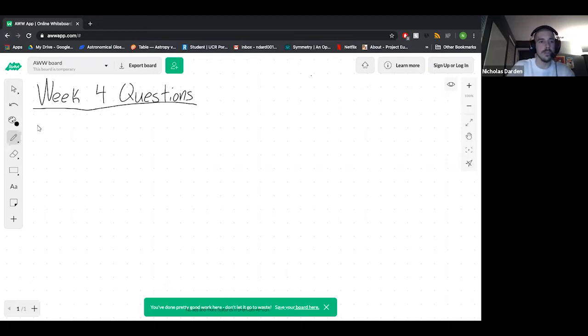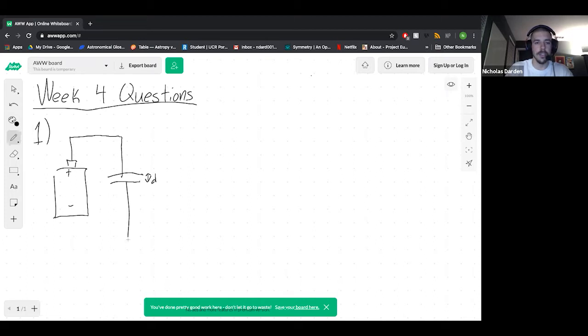So for number 1, what we have, let me pull it back up on this one, is a battery with some voltage hooked up to a capacitor with spacing D. And originally, this battery has some delta V, just some standard delta V bat.